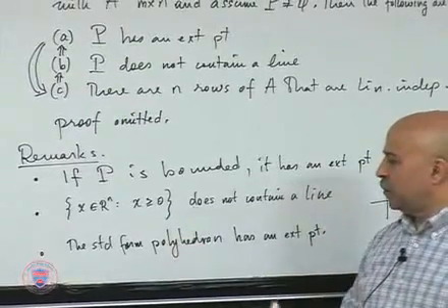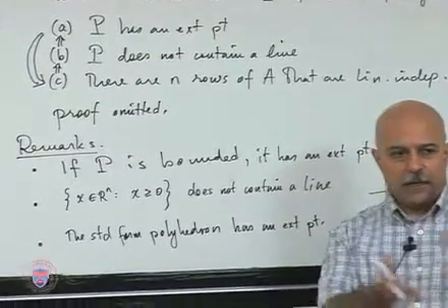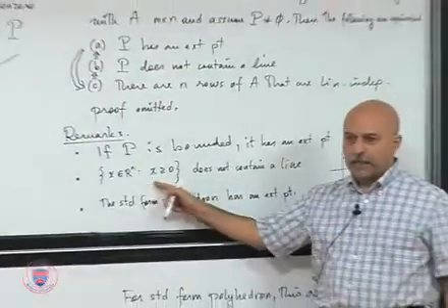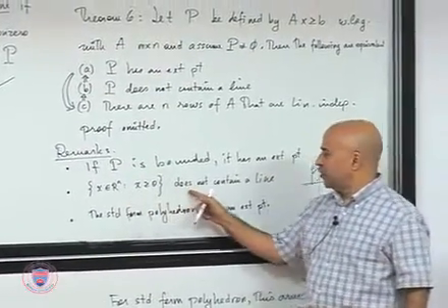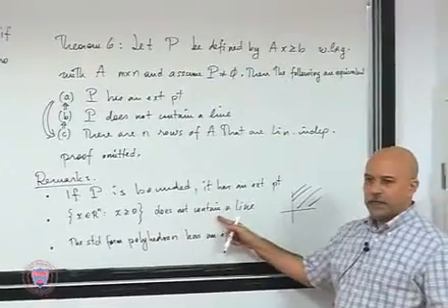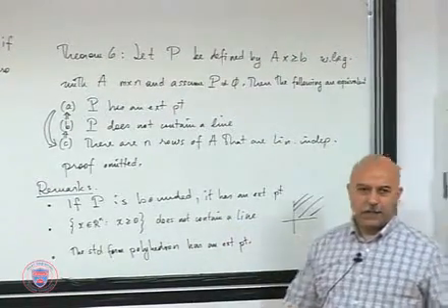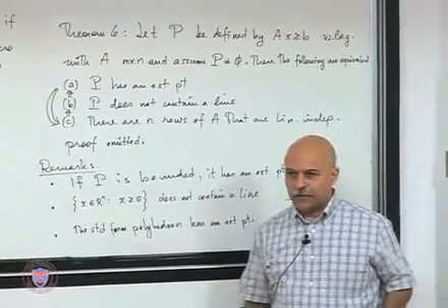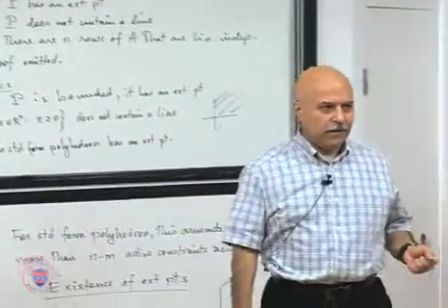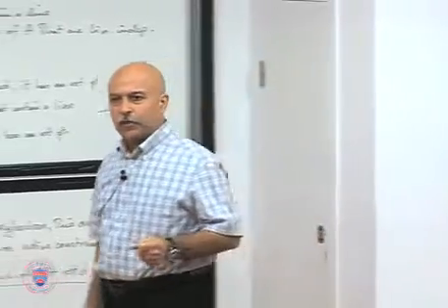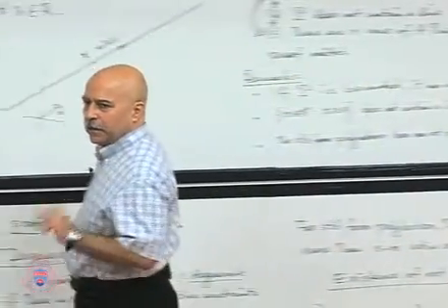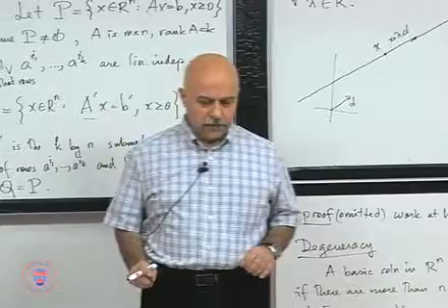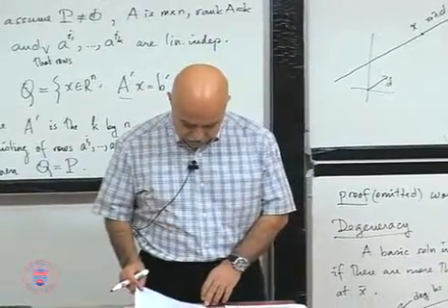Because the standard form polyhedron has Ax equals b and the non-negativity. Since the non-negativity already tells you that you cannot have a line, the intersection of Ax equals b with the non-negative orthant will not have a line, okay? Which means you have an extreme point. So for standard form problems, the existence of extreme points is always guaranteed.